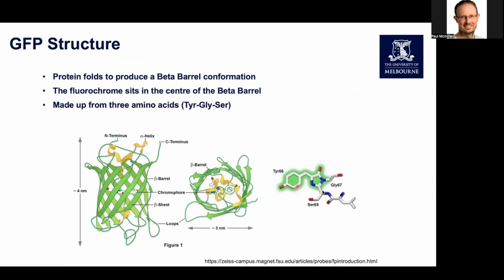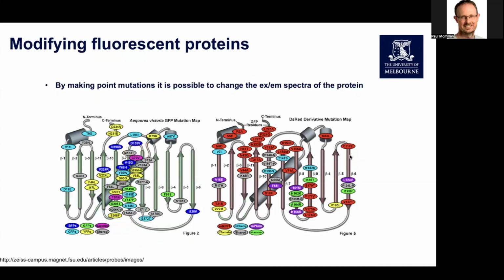The chromophore itself, as I mentioned, is made up of these 3 amino acids. It takes time for this to develop. I mentioned Roger Tsien got the Nobel Prize for really taking fluorescent proteins and expanding on the capabilities and the different things that we have available to us.